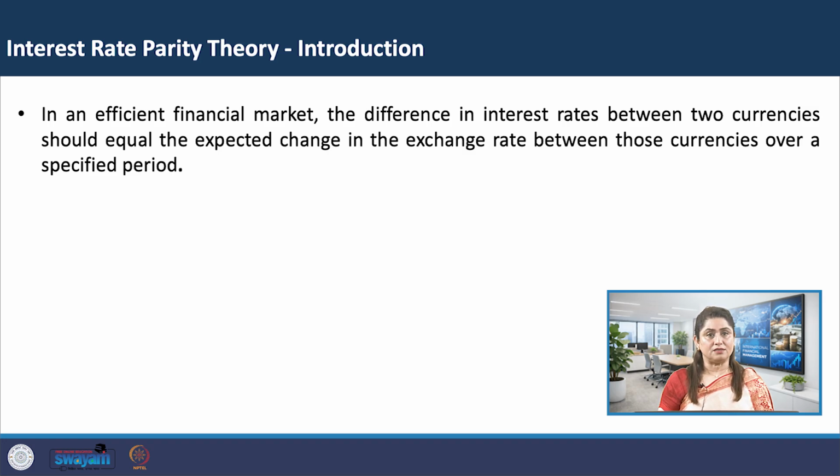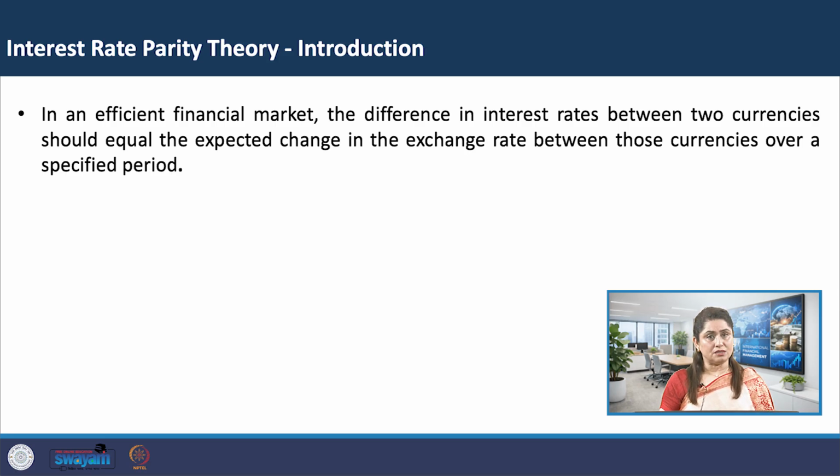Interest rate parity states that in an efficient financial market, the difference in interest rates between two currencies should be equal to the expected change in the exchange rate between those two currencies over a specified period.